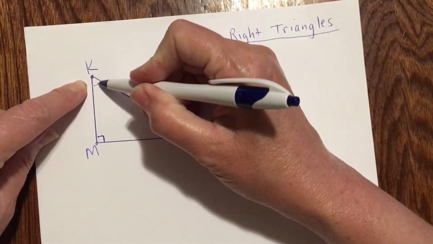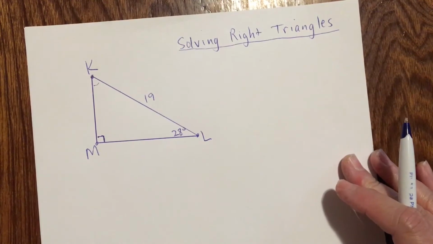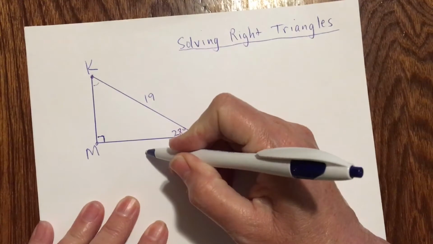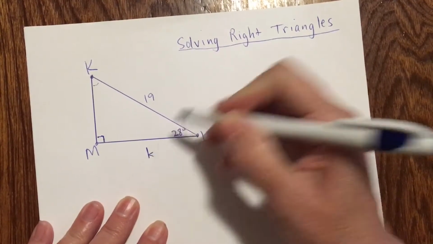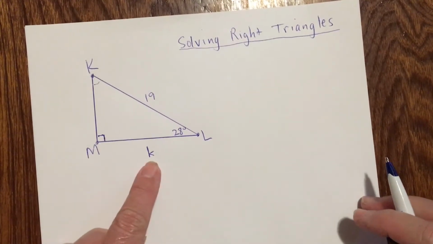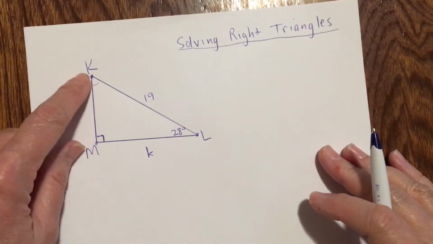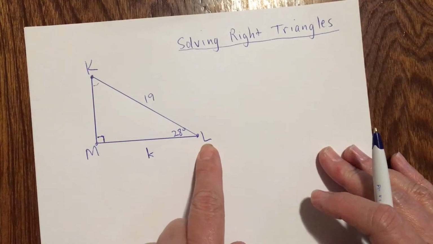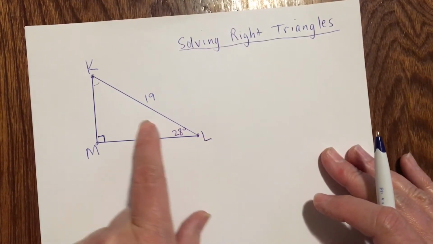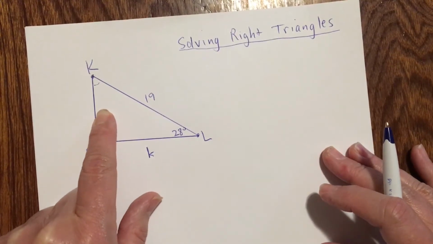If I'm labeling it the way they do in a trig class, this side would be a lowercase k. Lowercase k is opposite from capital K angle. That means across from angle L, that side would be side l.